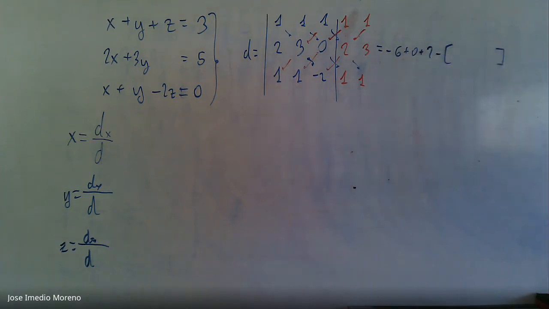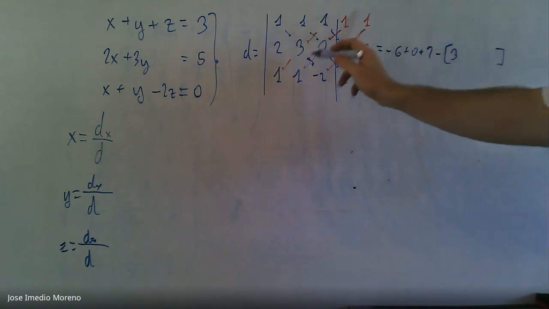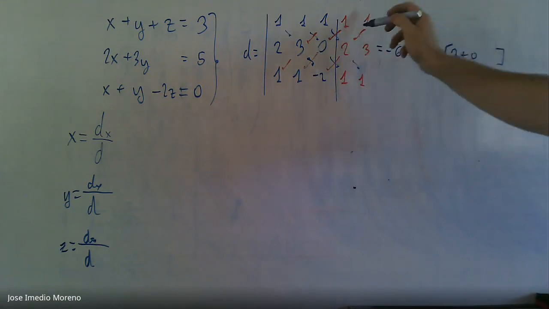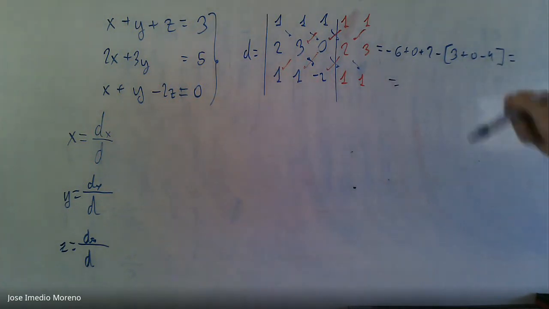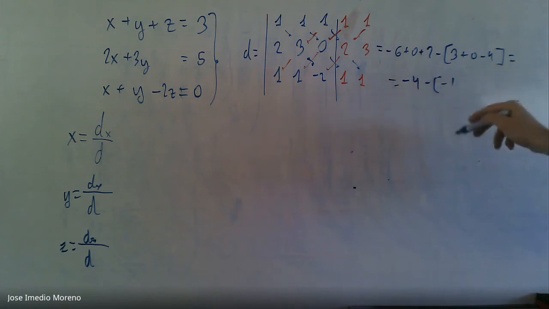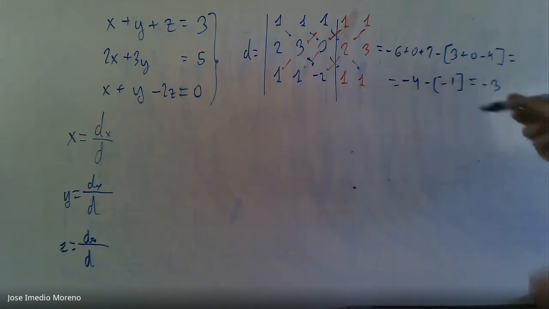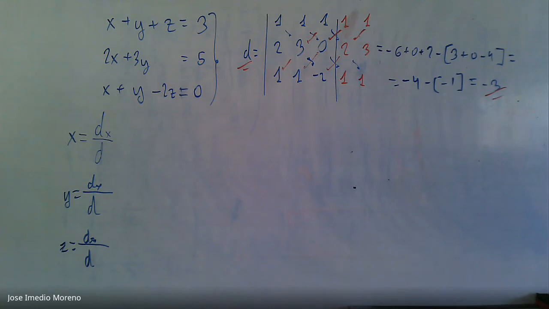Minus 1 times 3 times 1, which is 3. 1 times 0 times 1 is 0. 1 times 2 times minus 2 is minus 4. And this gives me minus 4 minus minus 1, which is minus 3. So my determinant D equals minus 3.